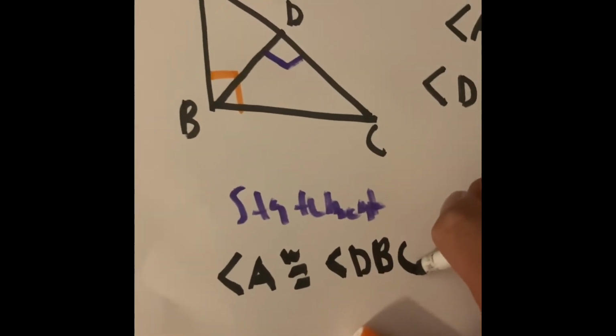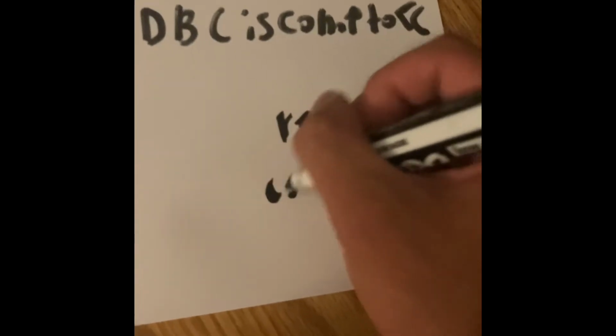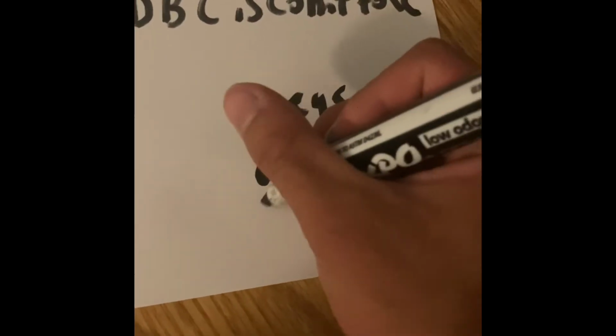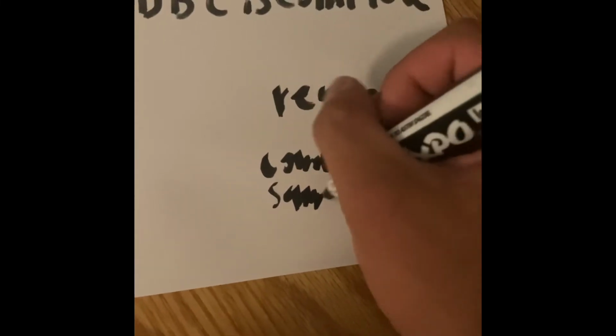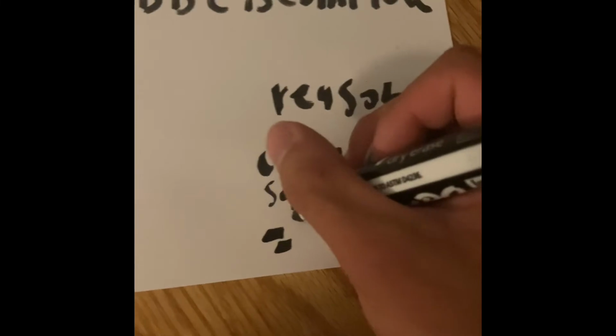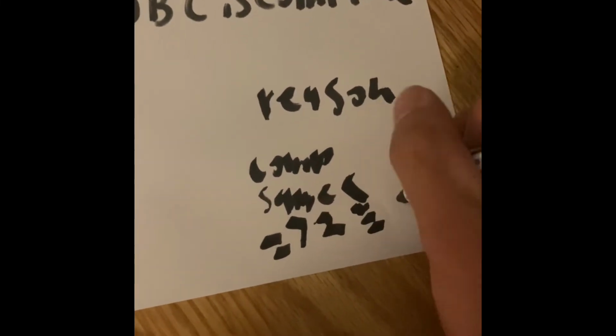The reason we do that is if we have complementary angles that are on the same angle, then it's going to bring us two congruent angles.